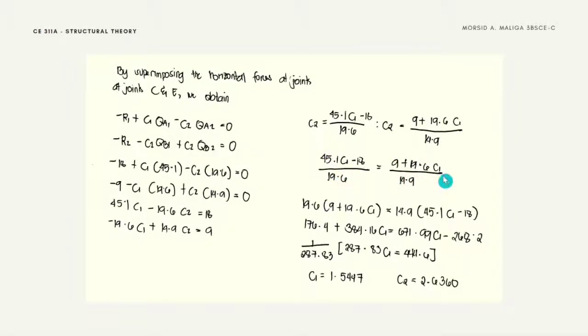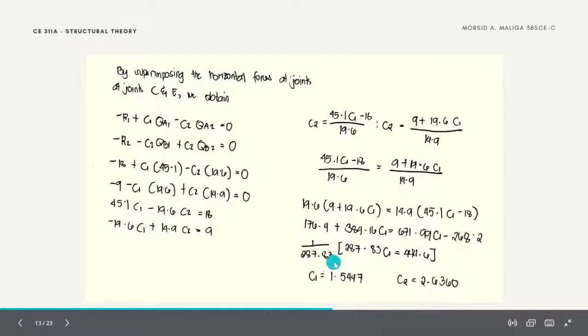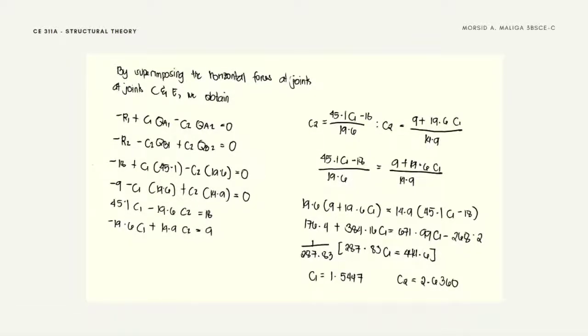So if we are going to equate it, since C2 is equal to C2, both are equal. Then we cross multiply, and of course, combine like terms, and transpose, and we get that C1 is equal to 1.545.